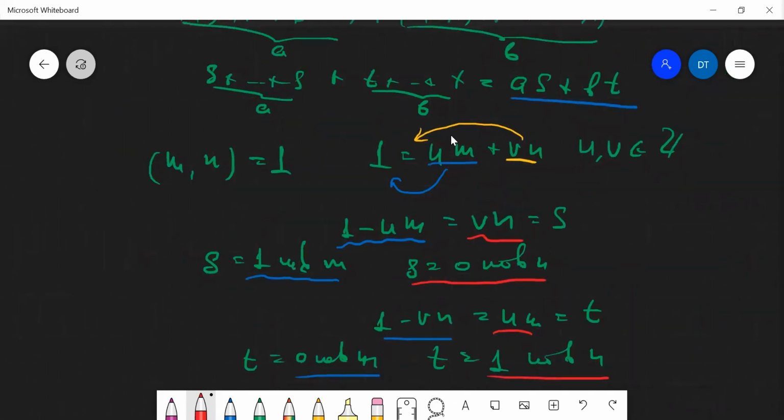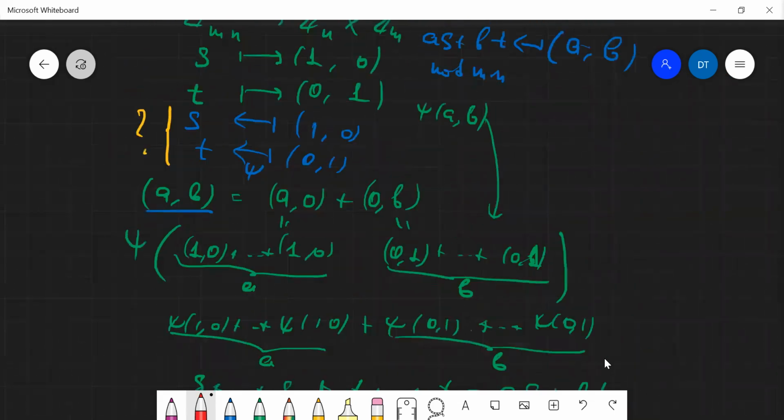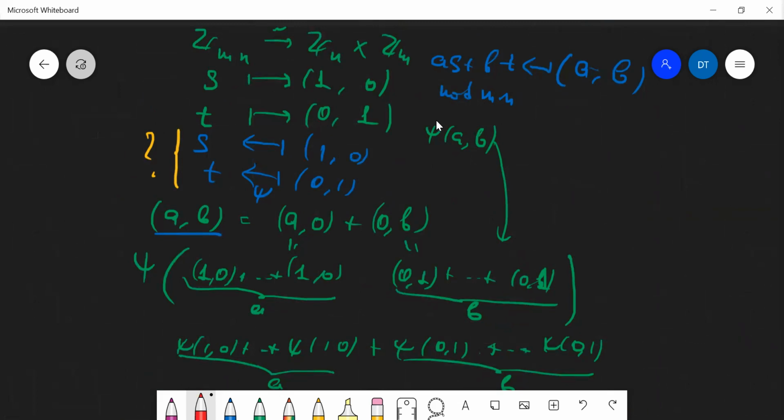In order to find them, you need to find this representation, and there is the extended Euclidean algorithm to find such a representation. The extended Euclidean algorithm gives you u and v, and then you just use these expressions to get s and t. And then when you have s and t, you write down this formula for the inverse map.